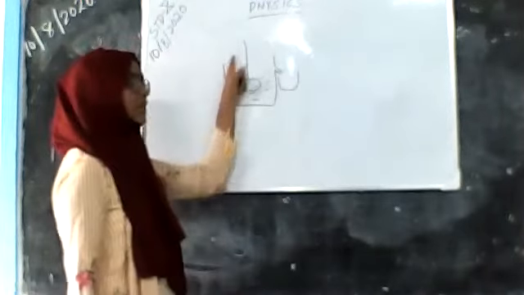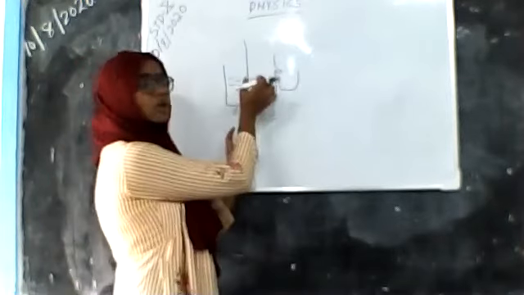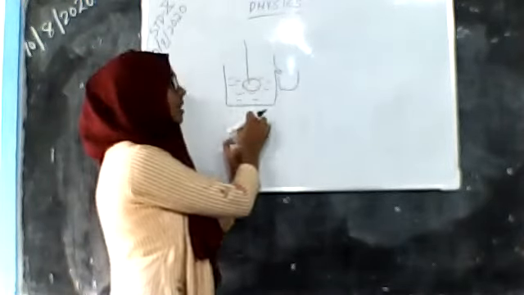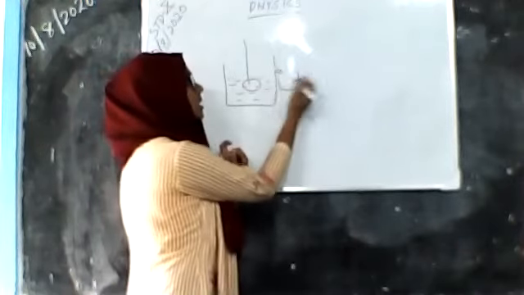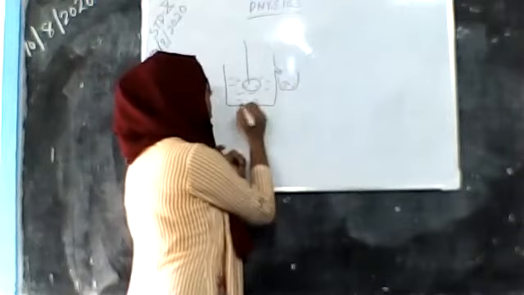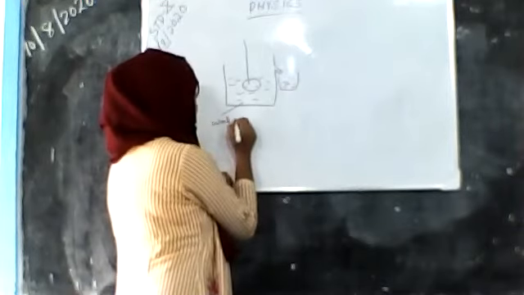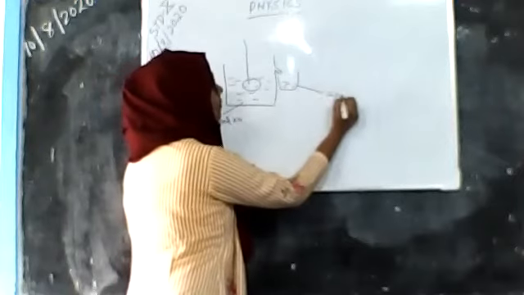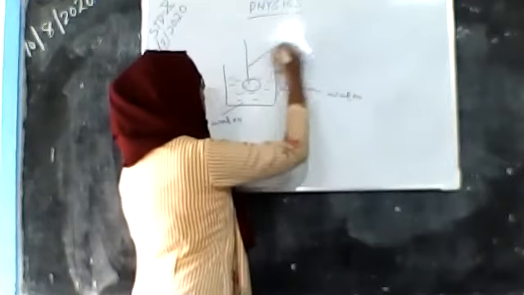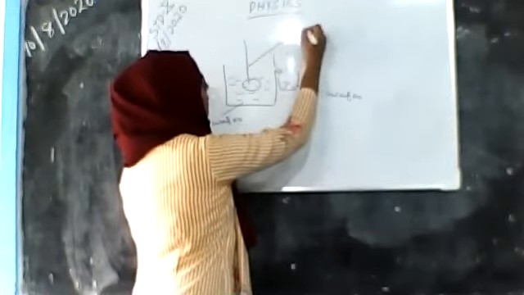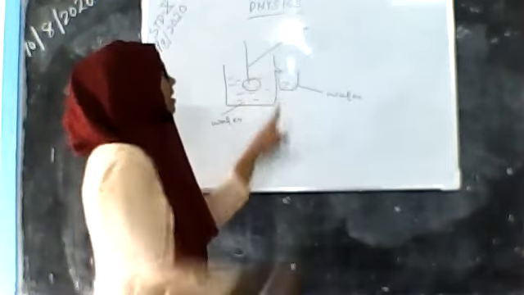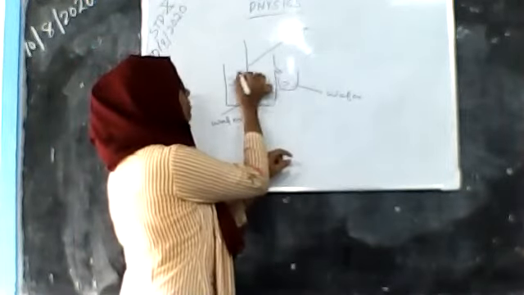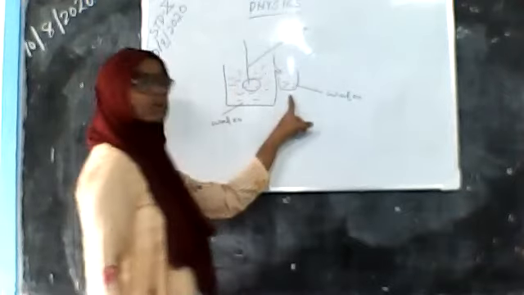So first we immerse the stone into the first beaker, and the water overflows through this slit into the second beaker.